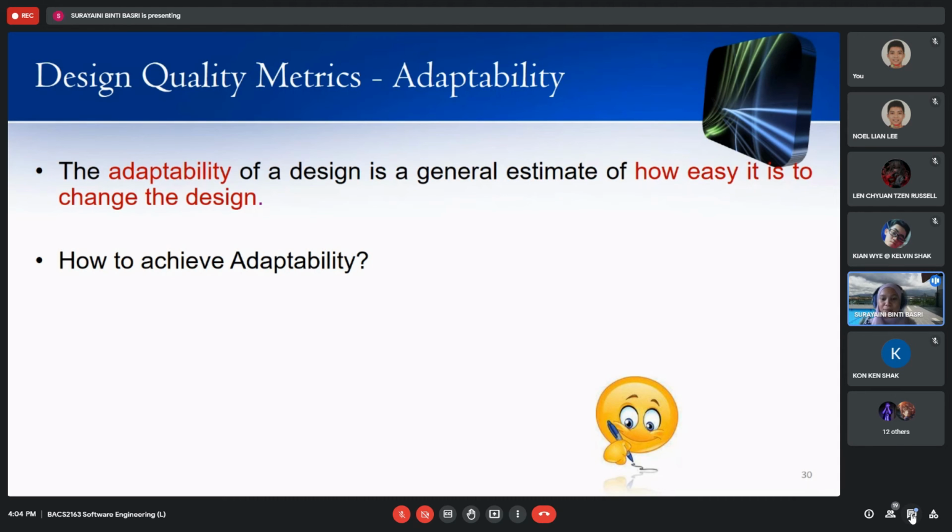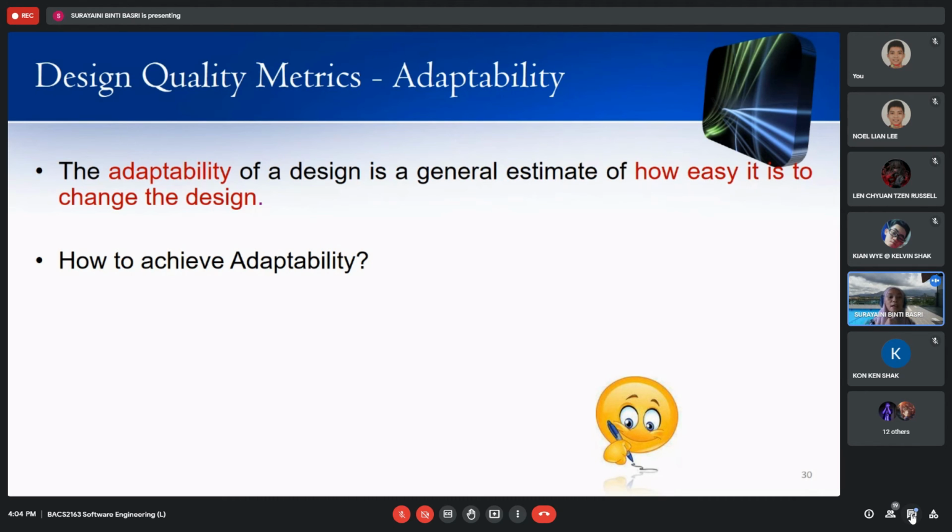Some of it was already answered by Miss Norshikin and Kelvin, the low coupling. And Russell also, because you are referring to understandability. In our understandability topic previously I mentioned the documentations, right? So all of the documentation must be consistent.